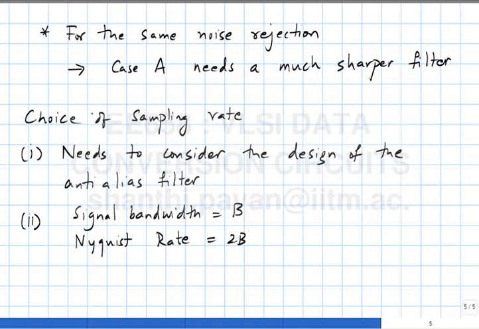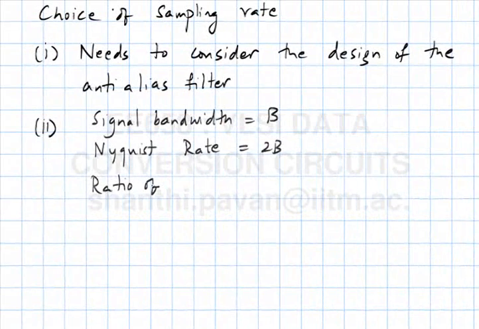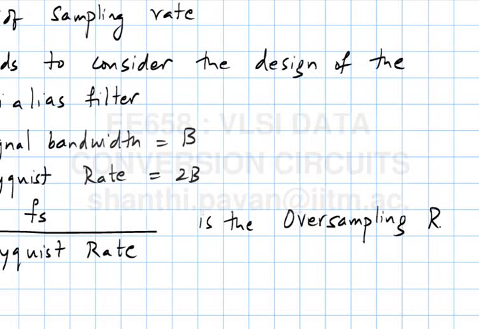Okay, and the ratio of the sampling rate to the Nyquist rate is quite logically called the oversampling ratio, where the reason behind the name is that the signal has got a bandwidth B. Nyquist is telling you that you need to only sample at 2B.